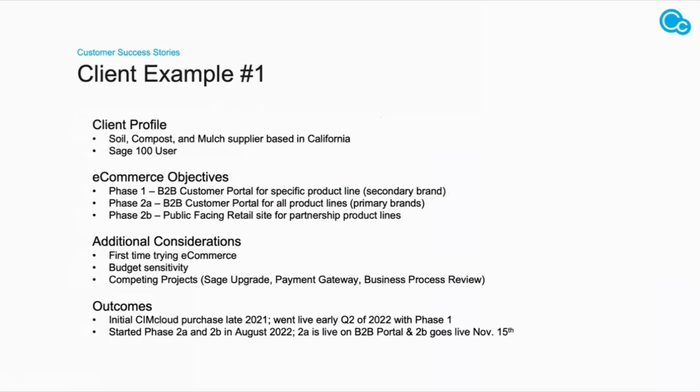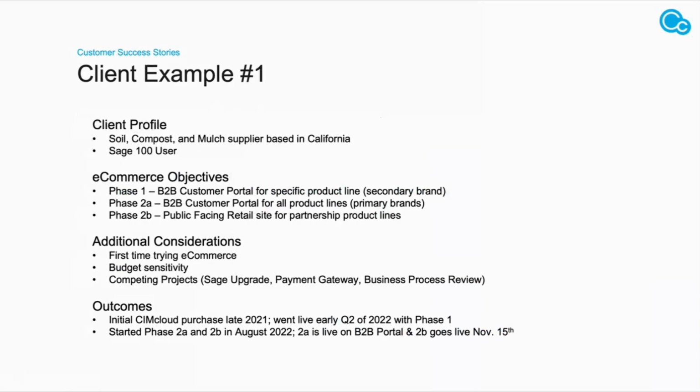We have a firm that we utilize. They're doing content strategy, social strategy, industry information, a blog, all of those things that are very marketing focused. And they just wanted to use CIMcloud as a B2B customer portal for users to log in and, obviously, do things transactionally. And they were going to start with a very limited grouping of products.